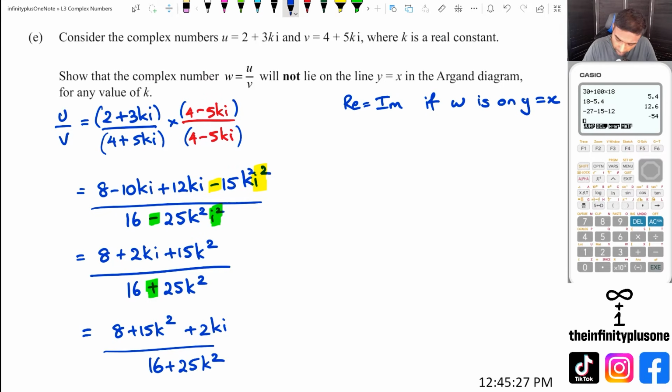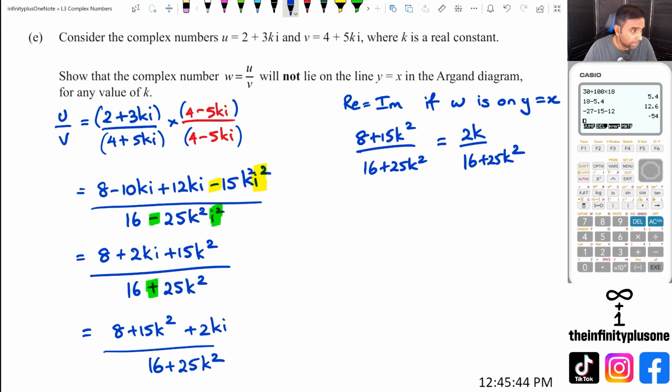So if we look at the real part, it's 8 plus 15k squared over 16 plus 25k squared, equals the imaginary part, which happens to be 2k over 16 plus 25k squared. Now we don't really worry about the i because we're just looking at the value in front of the i.